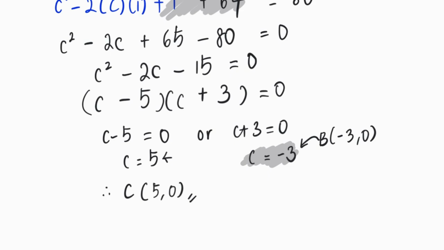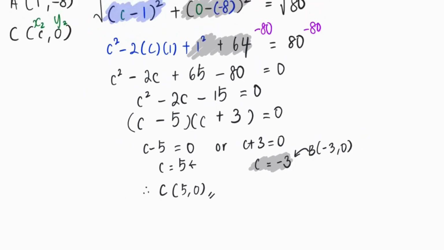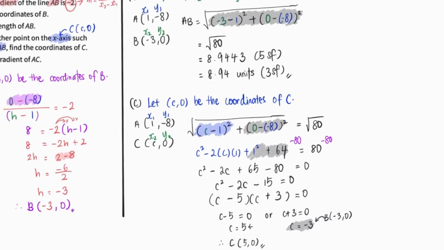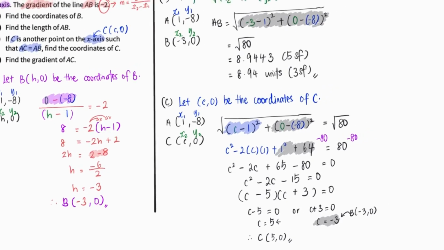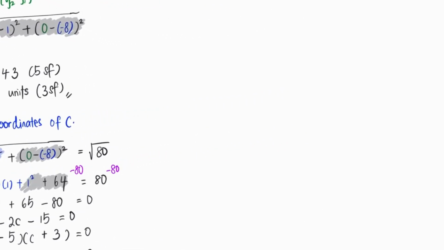Last question. Now that we have the coordinates of C, the last part would then be to find the gradient of AC. I'm going to just shift the oval, draw a line. And for part D, it's pretty straightforward. Now that I have my point A, which is still 1 and -8, and I also have my point C, 5, 0, yeah?